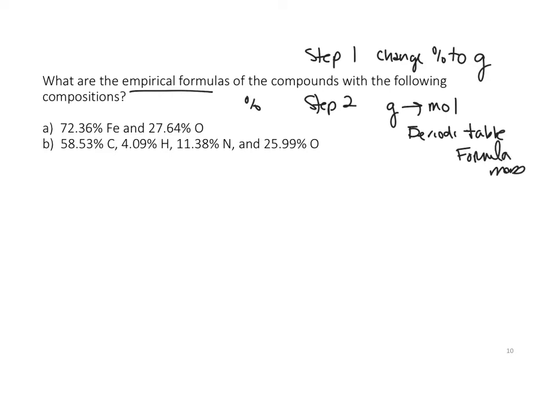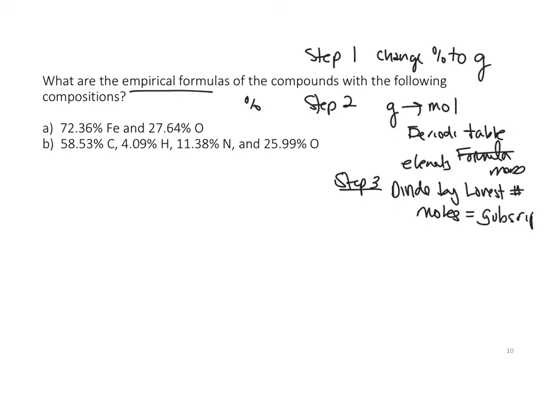In this case, you'll use the elemental mass for the elements. And then step 3, you're going to divide by the lowest number of moles to get the subscript. The subscript is the lower number. So the whole point is you want the formula, so you want the subscript.